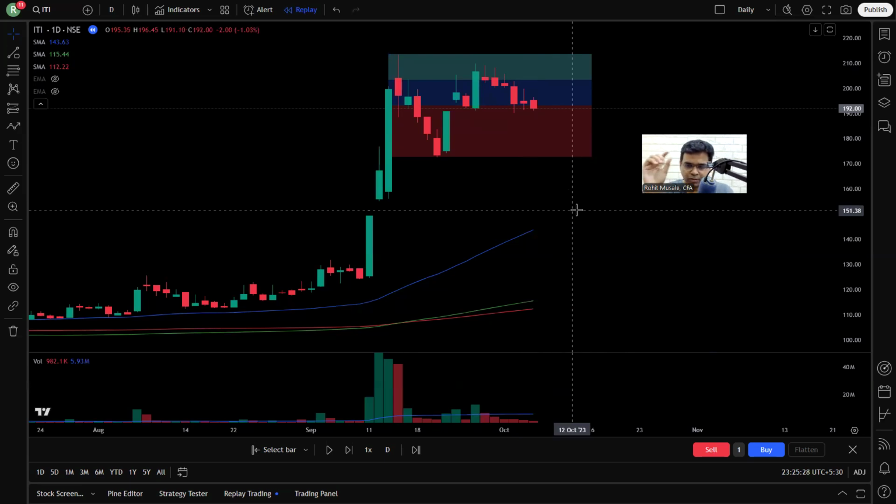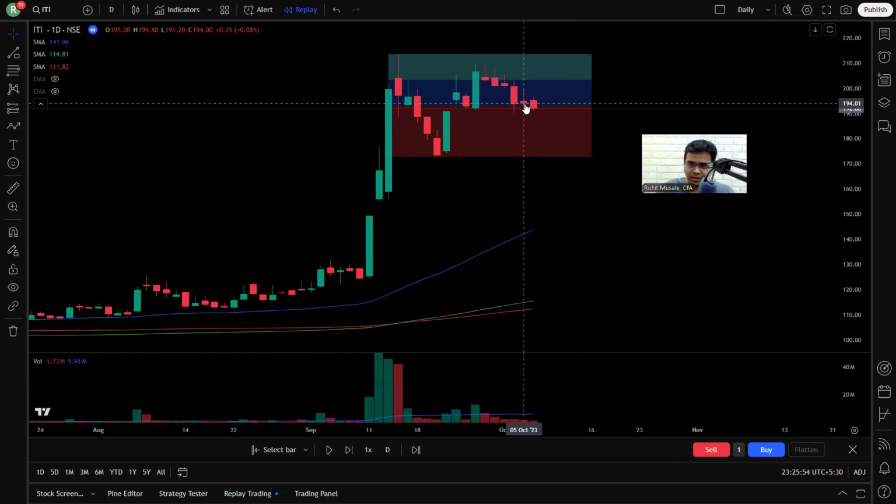The importance of the mother baby candle is it improves the probability of the breakout. I did not say upside breakout. I said improves the probability of a breakout. That breakout could be on upside or downside. For a stage 2 uptrending stock, the probability of breakout on the upside is higher than the probability of breakout on the downside. Very, very simple.